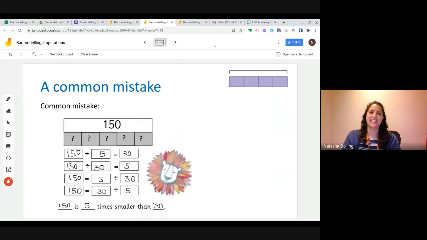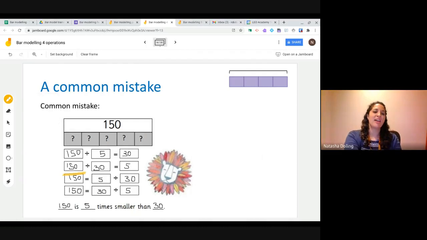They all look correct. And another common mistake is exactly like what happened before. This child has written 150 divided by 5 equals 30. Okay, so far, okay. 150 divided by 30 equals 5. Okay. 150 equals 5 divided by 30. And 150 equals 30 divided by 5. Something has gone a bit wrong there.